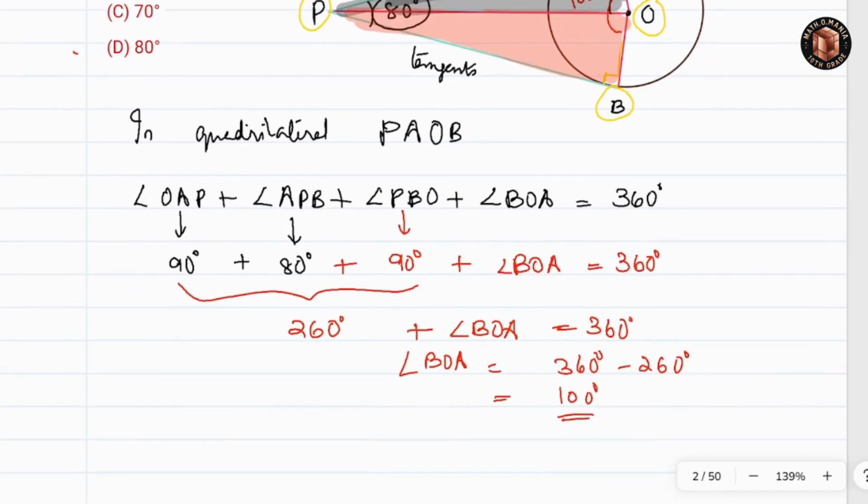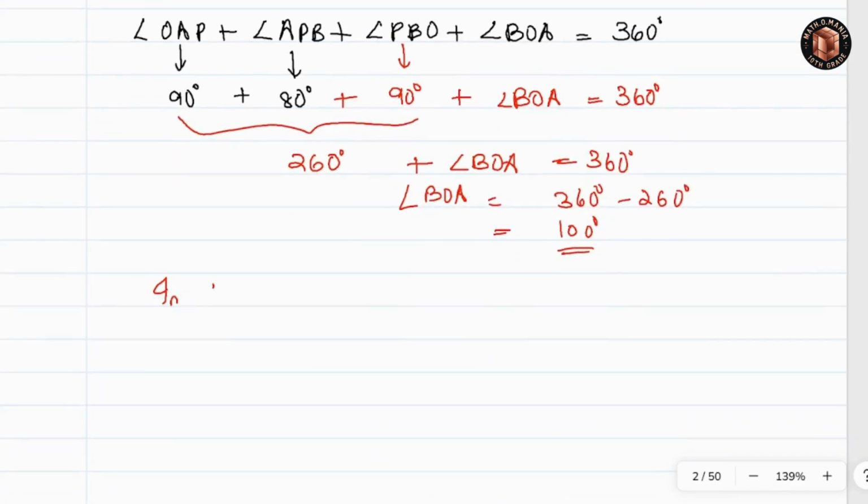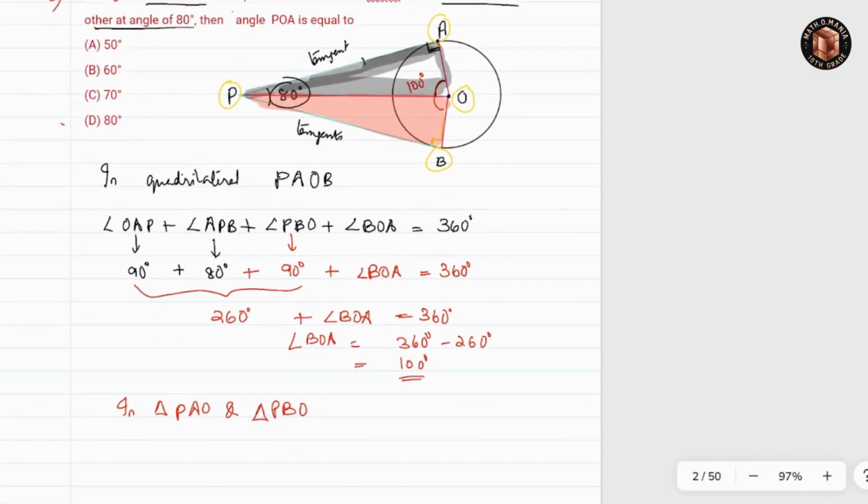For that, in triangle PAO and in triangle PBO, what all things are there? Look here, this is the radius of the circle. Similarly, this is also the radius of the circle.